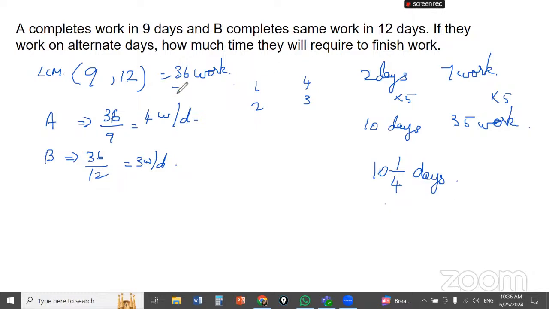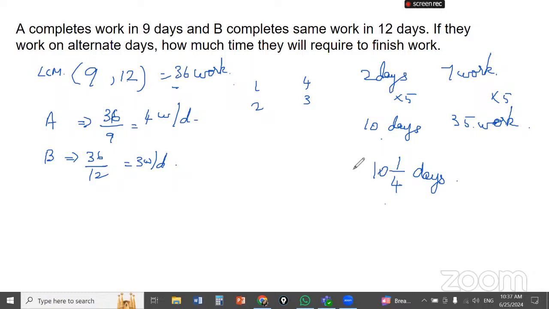So 35 is the number closest to 36. Till 35, completely the work will be done. So by multiplying with 5, I get 35. So here also I get 5 times 2, that is 10 days. 10 days, 35 works. So that remaining one work will be completed by A on the 11th day. So 10 1/4. That's how I get it.